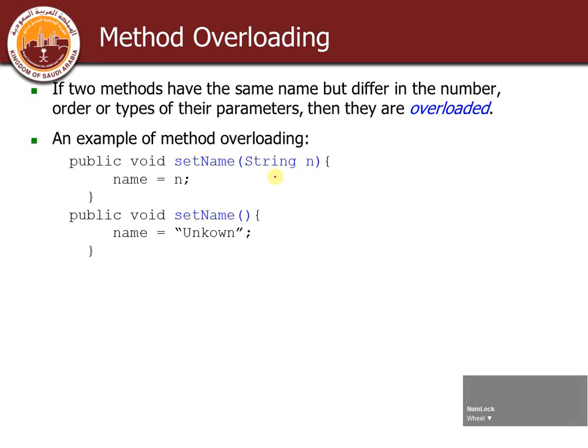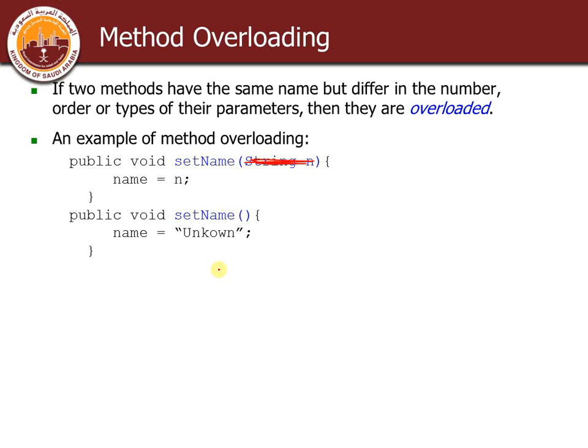For example, something like this. This is permissible because even if they have the same name, they don't have the same signature, because one takes a string as an argument, the other one takes nothing. So the compiler can distinguish between those two. So no problems. But I cannot, for example, have set name without anything, and another one set name without anything, and both of them are going to be together?